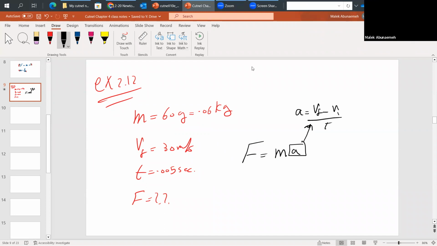In our case, this equals 30 meters per second minus 0 divided by 0.005. And we should get that the acceleration equals 6,000 meters per second square.